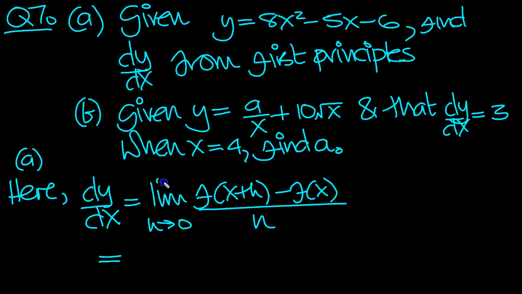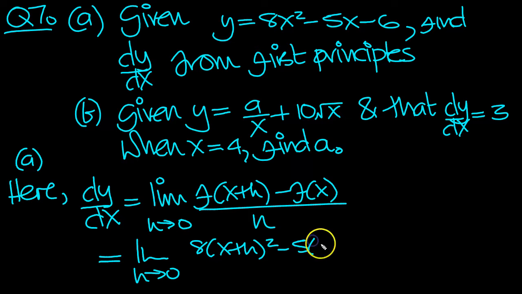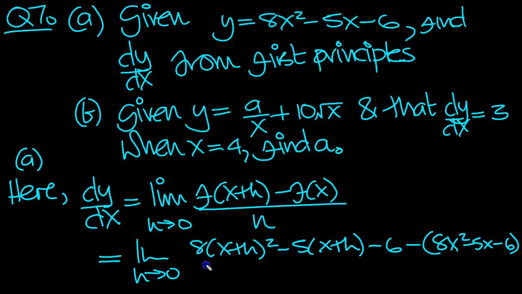So that's equal to the limit as h tends to 0 of f of x plus h, put that in, so we get 8 times (x plus h) squared, minus 5 times the input, which is x plus h, minus 6, minus, bracket, the whole object, these three terms here, 8x squared minus 5x minus 6, all over h.